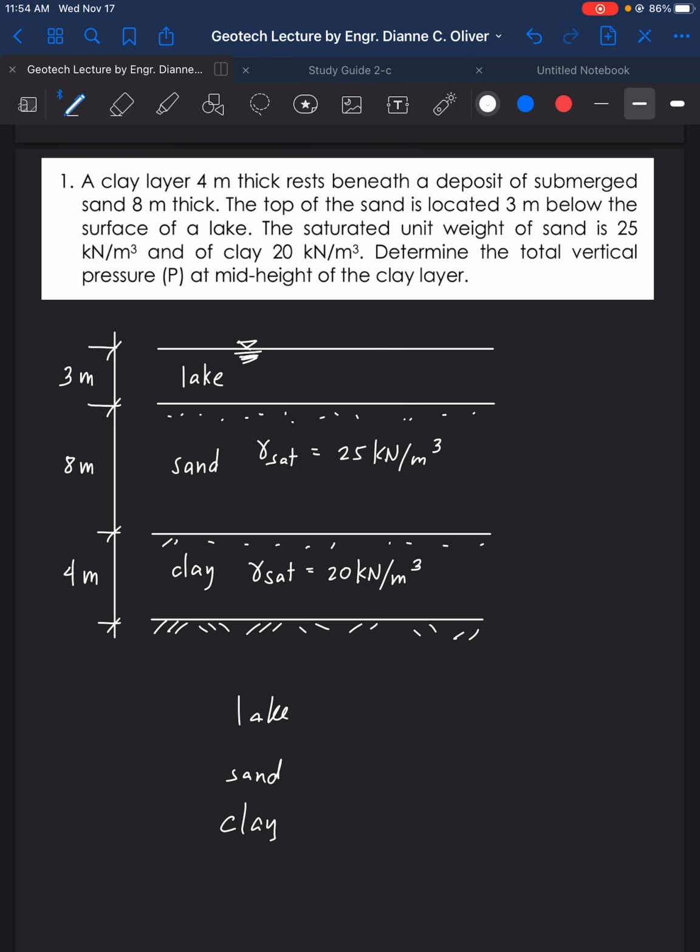Determine the total vertical pressure P at mid-height of the clay layer. So this is the clay layer. The mid-height of the clay layer is located here.